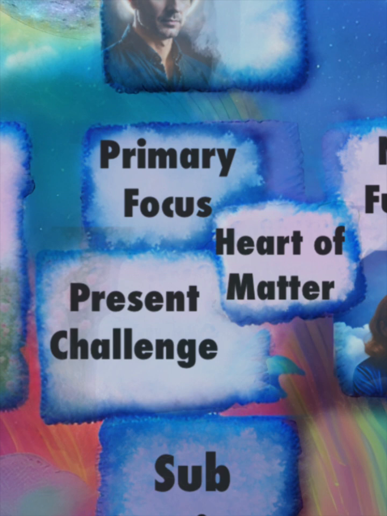If that were the case, then a conflict card of some sort would show up here. And there's also the second present challenge card laid over the top on the side, and that is what's happening that's a challenge for you for that primary issue.